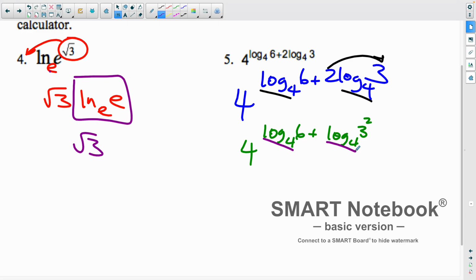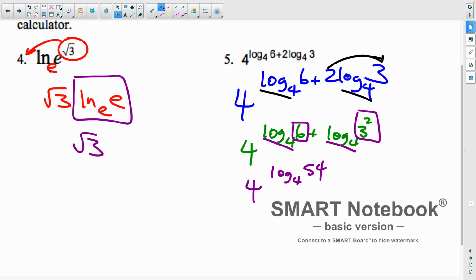What can I do if there's a plus there? I can multiply. So I can go 4 to the log base 4 of, this is 6, this is technically what? 9. So I go 6 times 9, which would be 54. Thank you. All right? 6 times 9, which is 54.